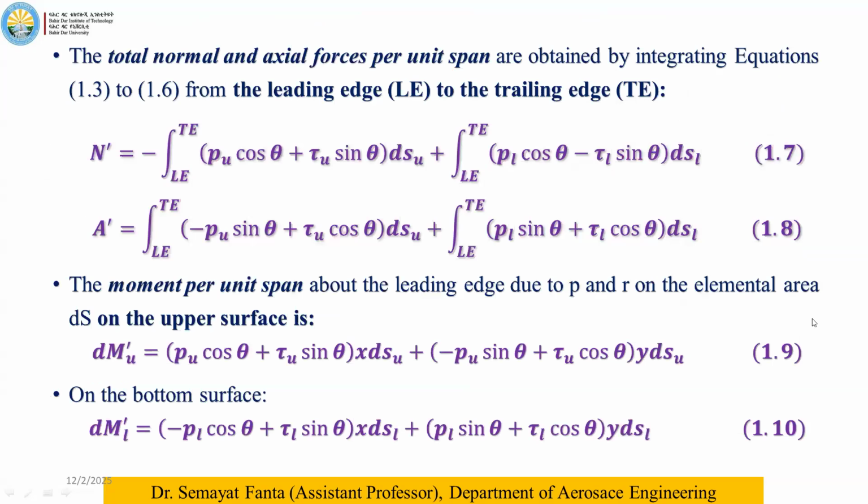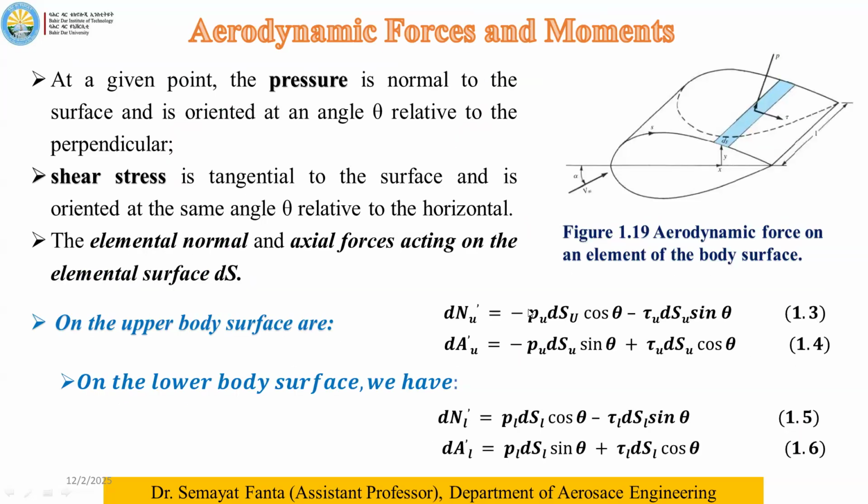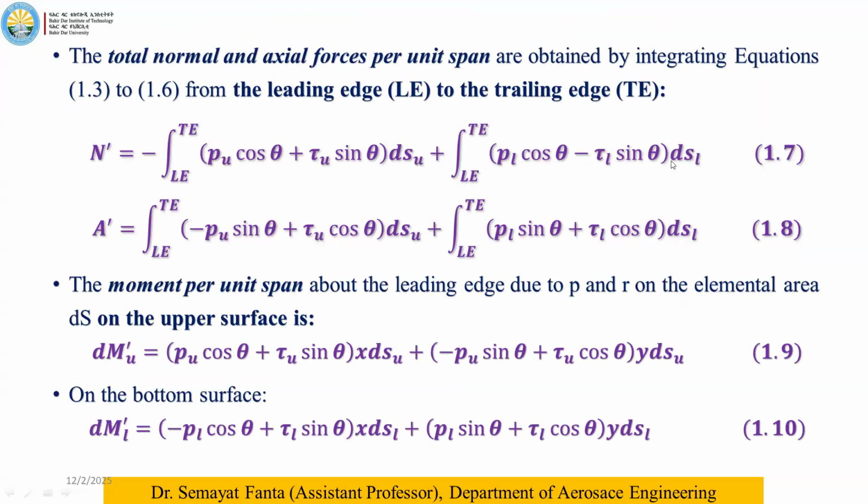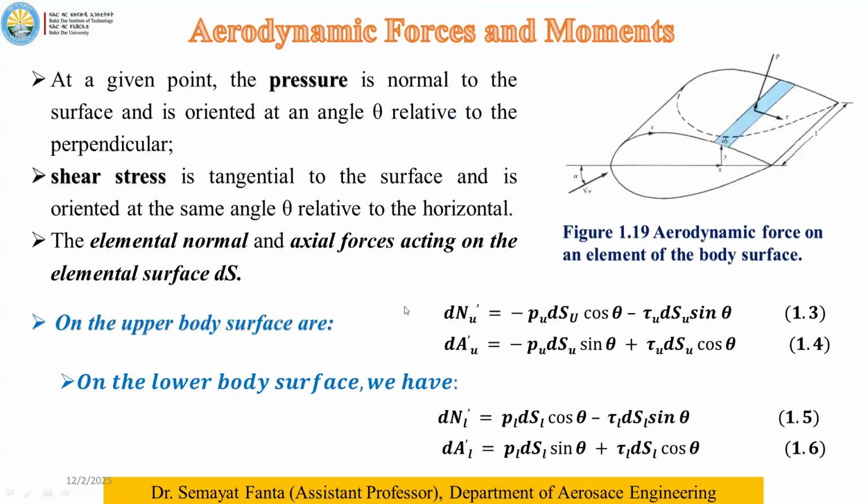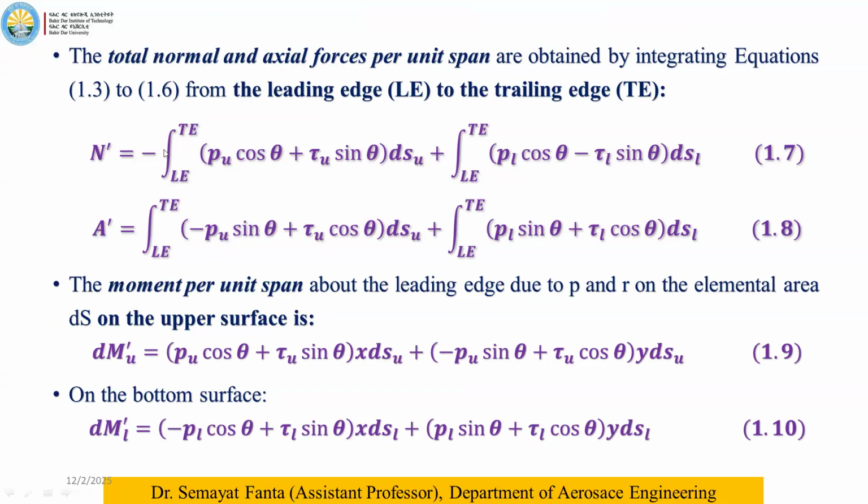We took equation 1.3 here, and another is equation 1.5. We are integrating from the leading edge of the aircraft to the trailing edge, from front to back, because this is the way we are taking S. S is moving like this, right? So the integral is from leading edge to trailing edge.